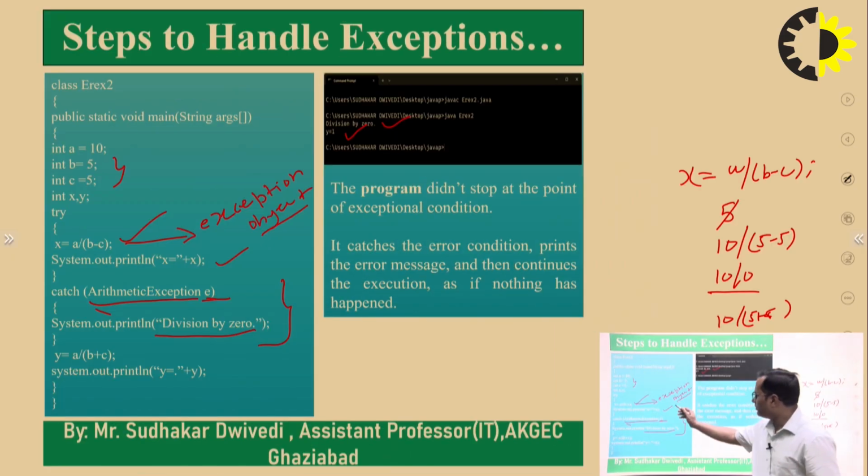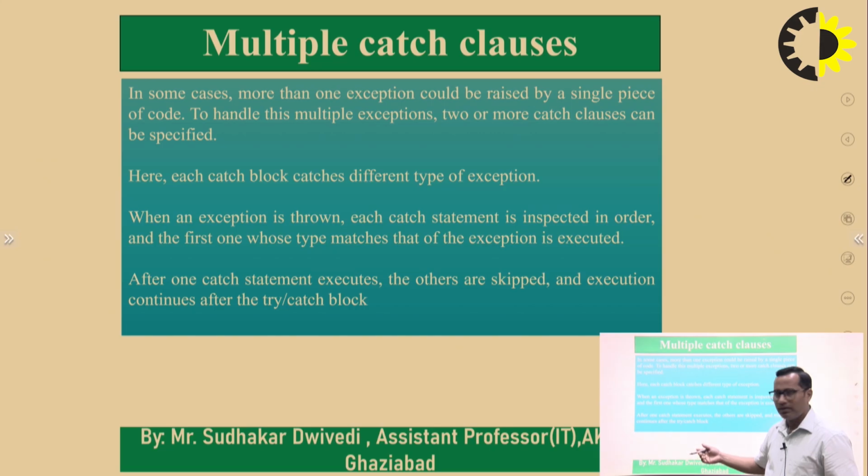As in this code, we have seen there is only one catch block because it created only one exception object. Any code that may have multiple types of exceptions may also have a number of catch statements. So a block of code may have one try block and multiple catch blocks.